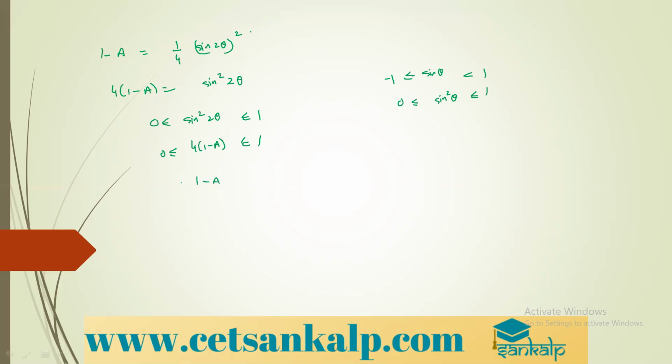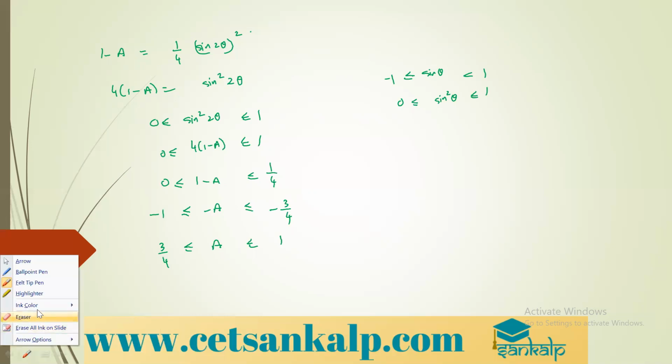Or 1 minus A will be greater than or equal to 0 and less than or equal to 1/4. Or minus A will be greater than or equal to minus 1 and less than or equal to 1 by 4 minus 1, that is minus 3 by 4. I will change all the signs, so it will become 3/4 here and 1 here. So A is between 3/4 and 1, which can be taken as the option for this question.